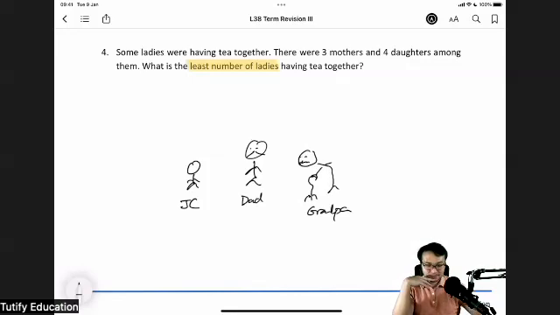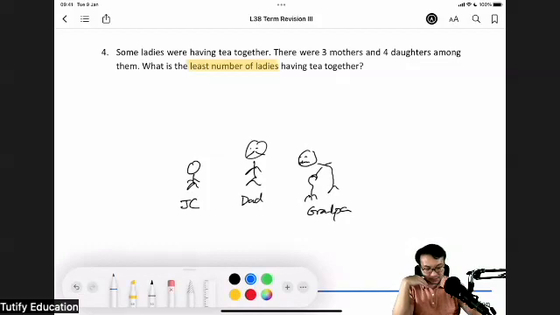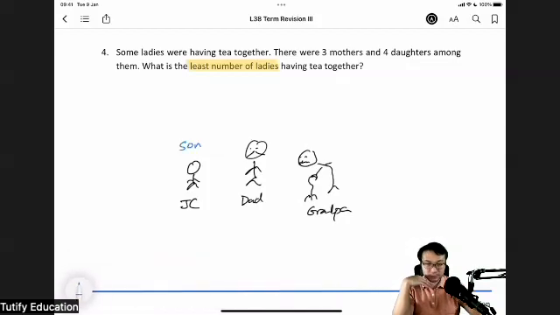So, Junchen, let's take a look at you. You are the son. Yes or no? Your father is also considered a father, right? What about your grandfather? Is he a father of somebody? Yes, he is the father of your father.